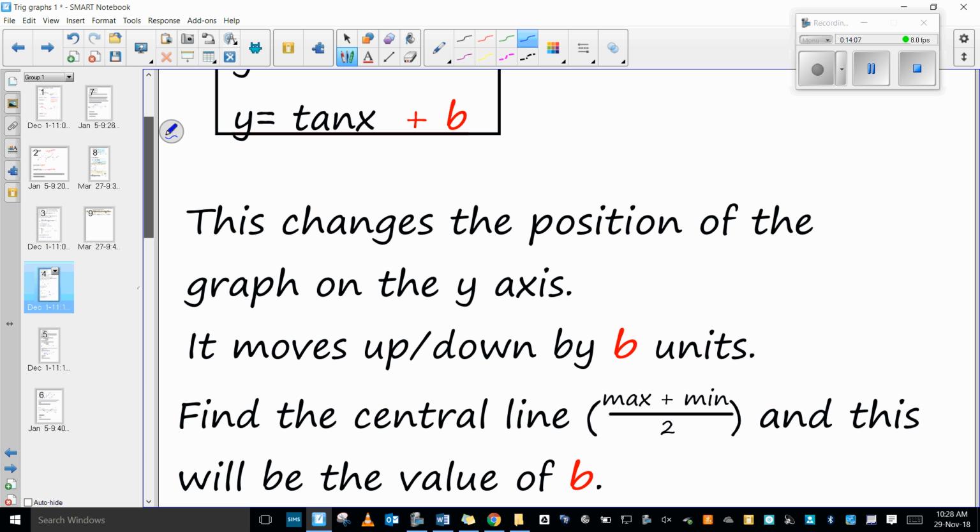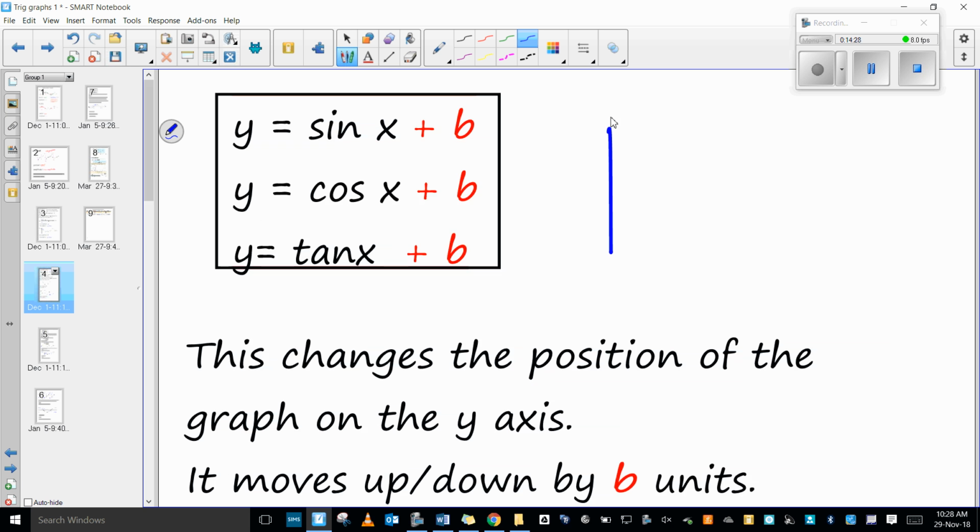And you can find that central line by seeing where the top of the graph is and where the bottom of the graph is, adding those two up and dividing by 2. That will tell you where your new central line is. Because if you think about the sine or cosine graph, the maximum was 1 and the minimum was -1. So if we do 1 plus -1 divided by 2, you get 0.